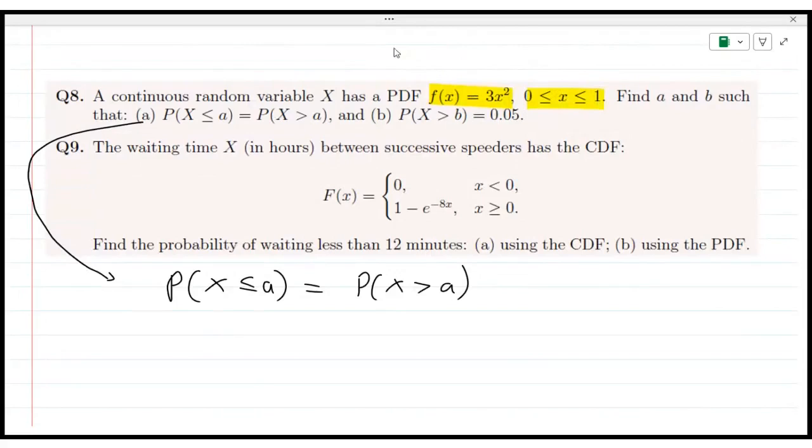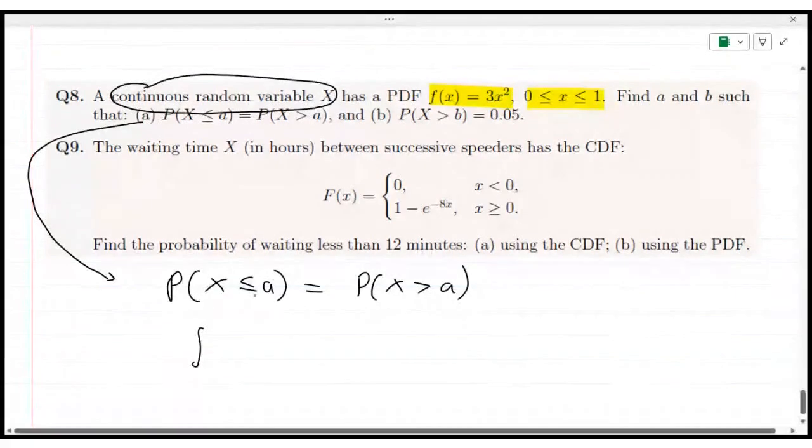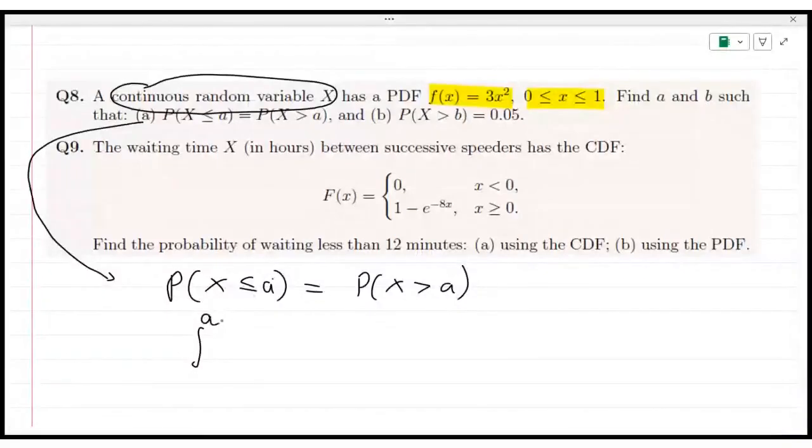So the first part I am solving. We are given that the probability of x less than or equal to a is the same as the probability of x greater than a, and we are given the PDF, 3x here, and the value of x is between 0 and 1. This is important. Now how do we find the probability in the continuous case? Because it is a continuous random variable, by doing the integration. The maximum value is a, so we will do the integral till a. What is the minimum value? The value of x starts from 0 and goes till 1.